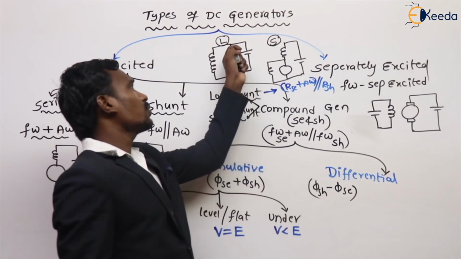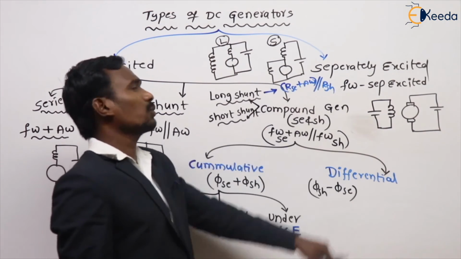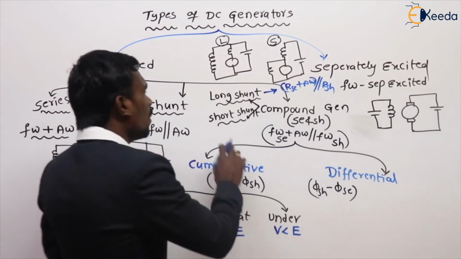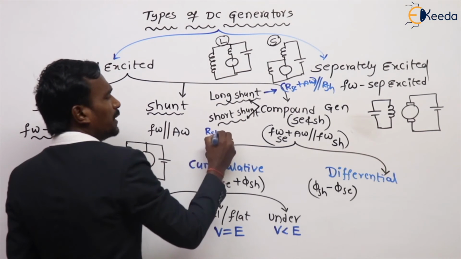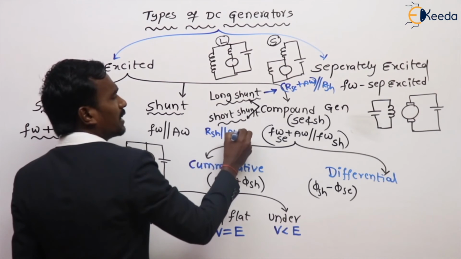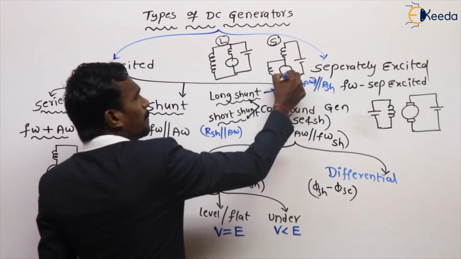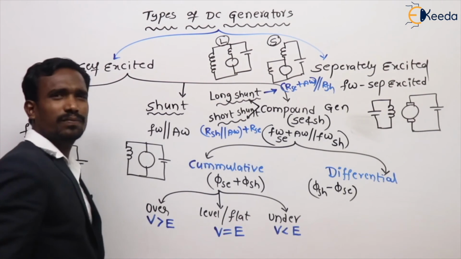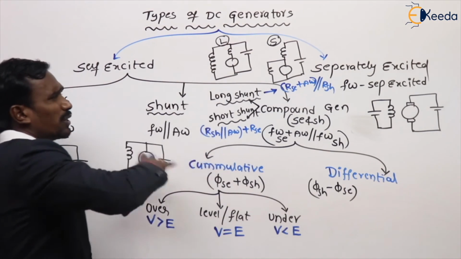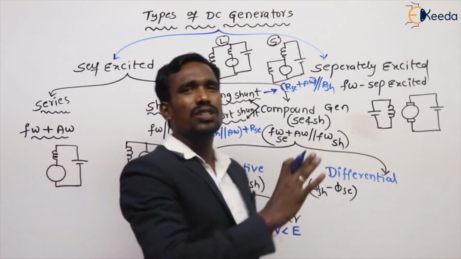Yes or no? What is short shunt? Short shunt is very simple. The shunt field winding is parallel to the armature and this combination is in series with the series field winding. Like this, we have to explain each and every generator.